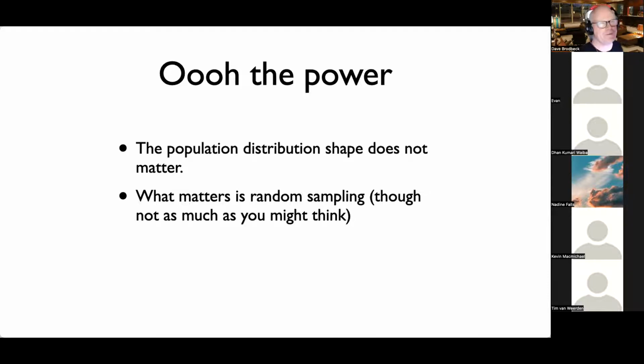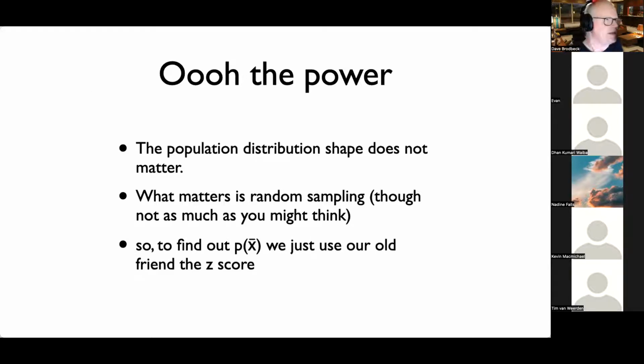You remember doing proofs of things in high school, or university math, and you'd make assumptions at the beginning. One of the assumptions here is a simple random sample. It doesn't matter nearly as much as people think it does. It's not unimportant, but it isn't as important as people think. So to make the math work, even without random sampling, and this is done through simulation research, people found that it's pretty darned accurate. Like the central limit theorem is really robust. You can violate this random sampling assumption.